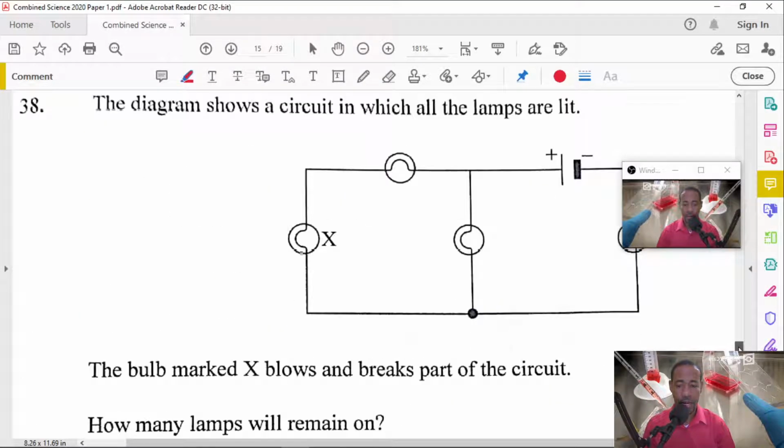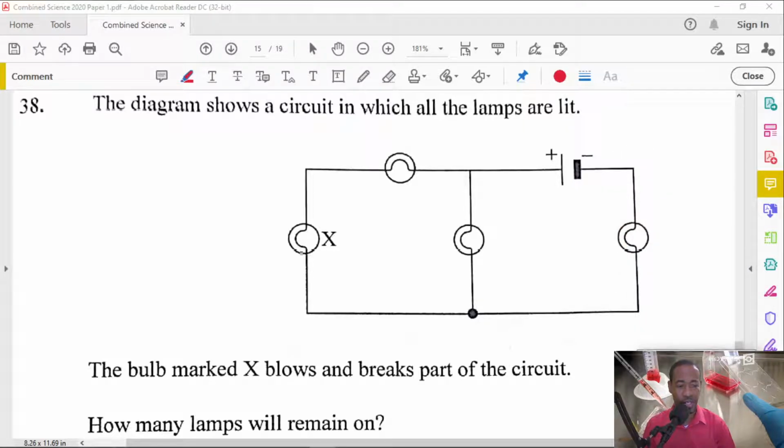All right, let's study right there. Question number 38 reads that the diagram shows a circuit in which all the lamps are lit. So all the lamps are lit at this point. The question is asking us that the bulb marked X blows and breaks part of the circuit.